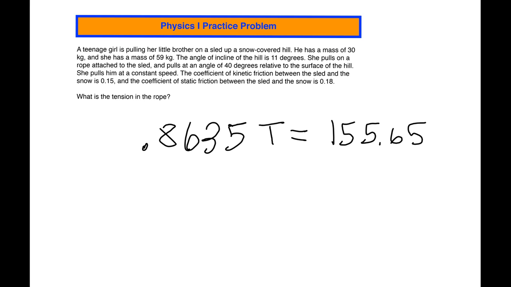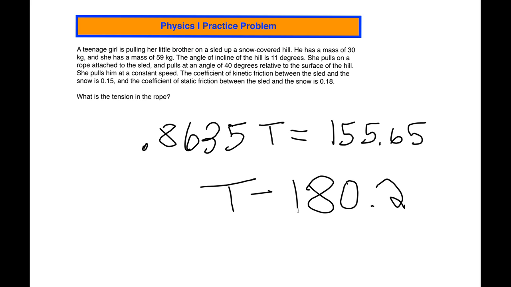So we're now about ready to solve for the tension. With the equation that we have one unknown, and we can solve for it by dividing by that coefficient. So we end up getting that the tension is equal to 180.25 newtons.